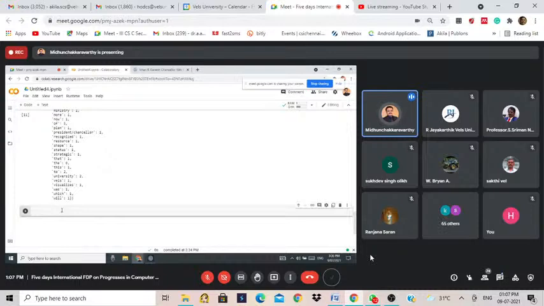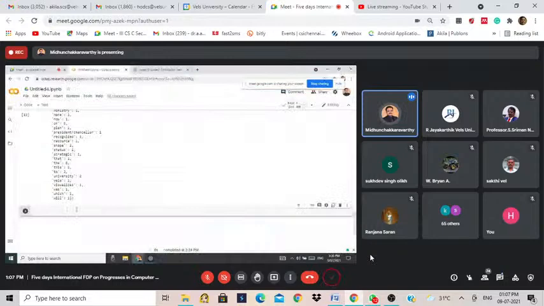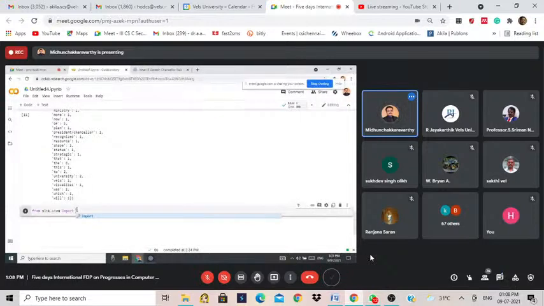We need to import PorterStemmer from nltk.stem. Porter stemmer is one function, and we also have other stemmers like Lancaster stemmer. I first show you the Porter stemmer. The best part here is you can also try this on your own mobile phones.